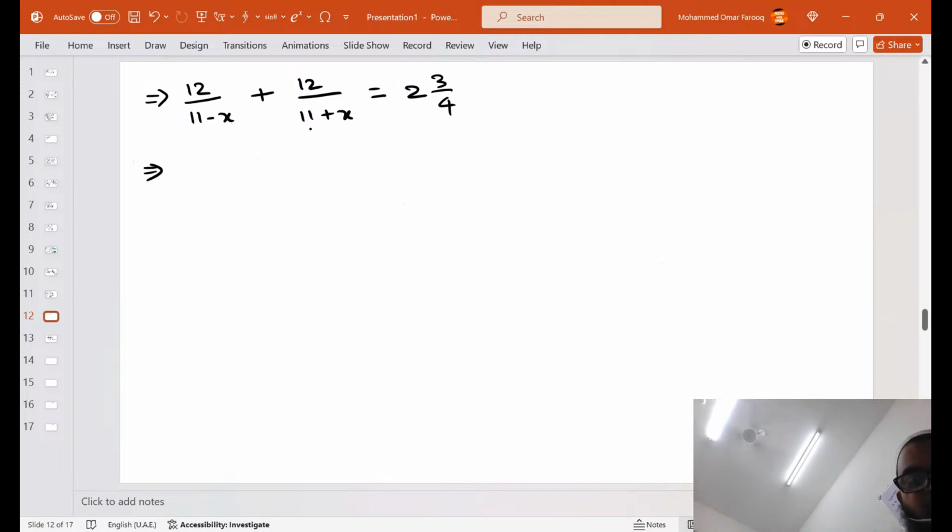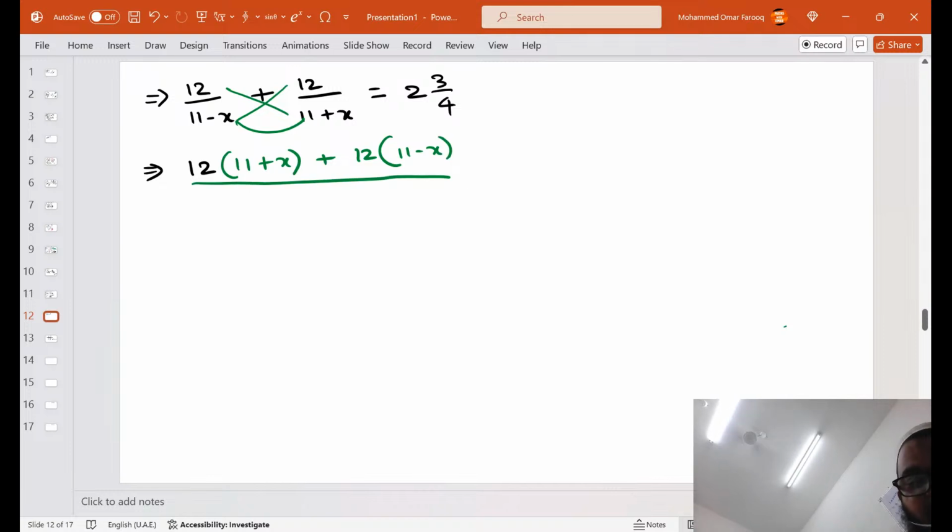So that implies now 11 minus x into 11 plus x. Denominators are different. So take LCM. How to take LCM, my dear students? So LCM is cross multiply these two. So 12 into 11 plus x plus 12 into 11 minus x divided by 11 minus x into 11 plus x. Is it in the form of a minus b into a plus b? So a square minus b square is equal to 4 2s are 8 and 8 plus 3 11, 11 by 4.